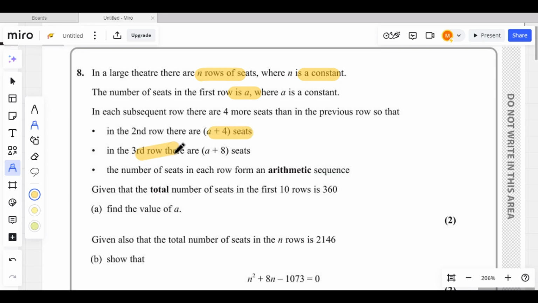In the third row there are A plus 8 seats. The number of seats in each row form an arithmetic sequence. It's pretty easy to understand that this is an arithmetic progression, because it is increasing by a constant amount. There is a common difference, which is 4 there.